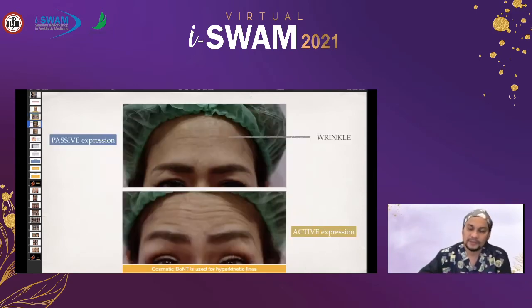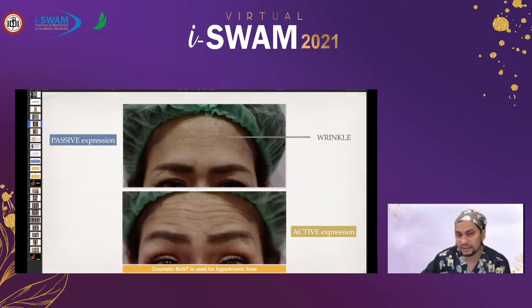And then what about this case? In the first picture, this is the patient with passive expression. There are no deep lines or deep wrinkles, but we can see very tiny, small lines at the frontal area.